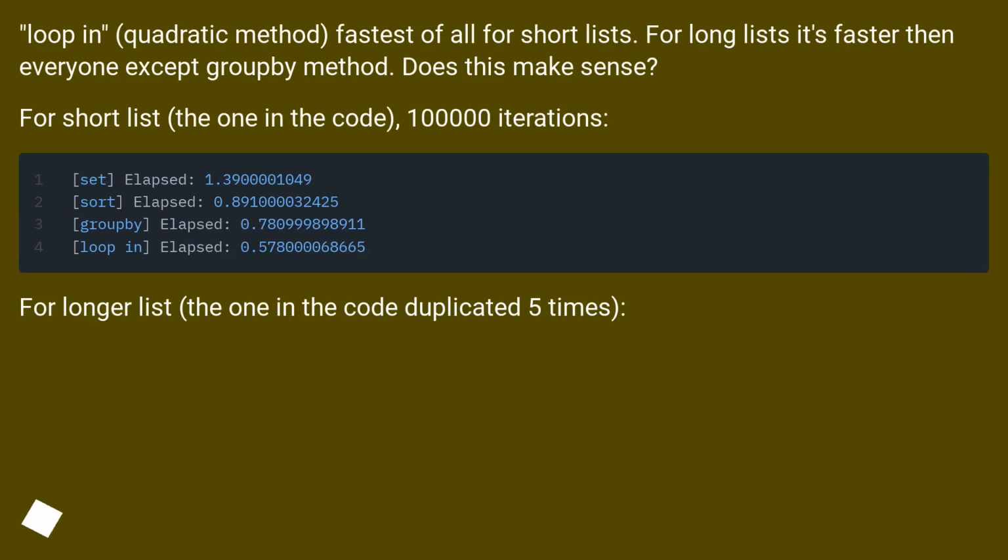For long lists, it's faster than everyone except the groupby method. Does this make sense? For the short list, the one in the code, 100,000 iterations. For the longer list, the one in the code duplicated 5 times.